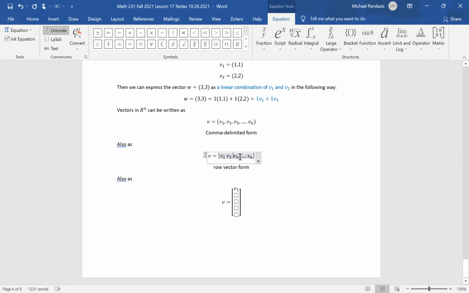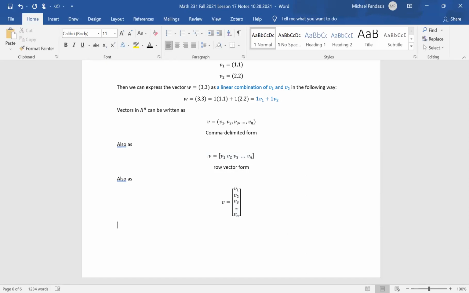So this is a row vector. Here it's v1, v2, v3, down to vn, and this is called column vector form.